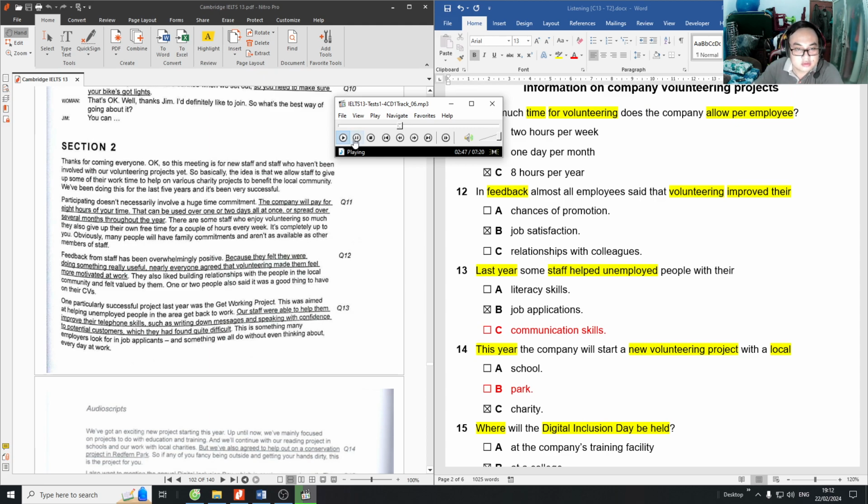Our staff were able to help them improve their telephone skills, such as writing down messages and speaking with confidence to potential customers. Okay. All right. Which they had found quite difficult. This is something many employers look for in job applicants, and something we all do without even thinking about.